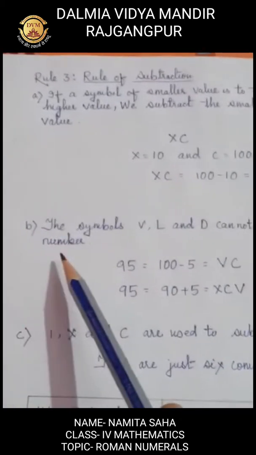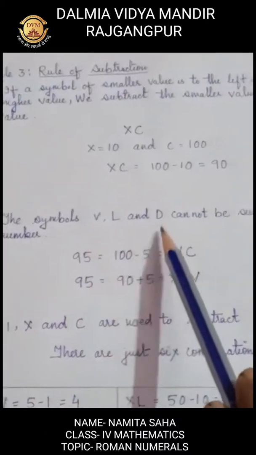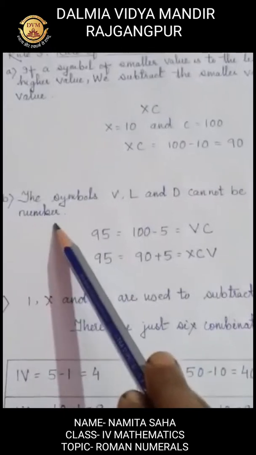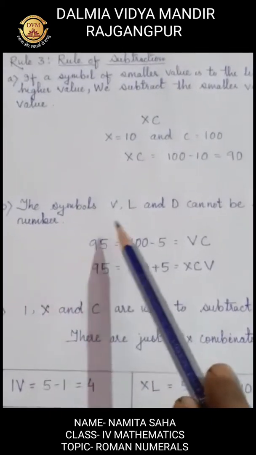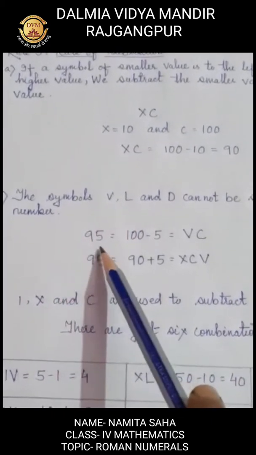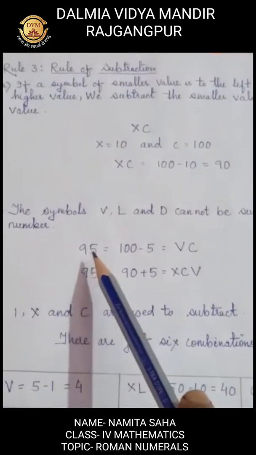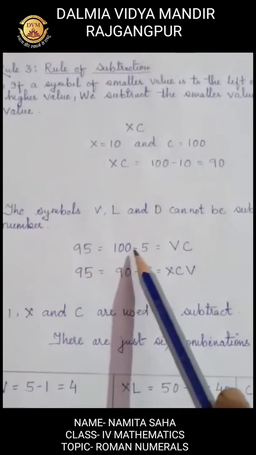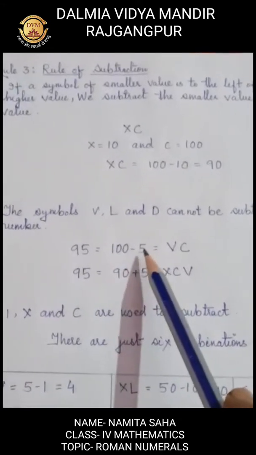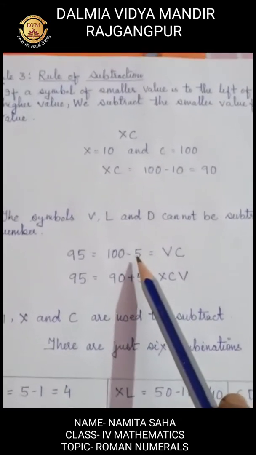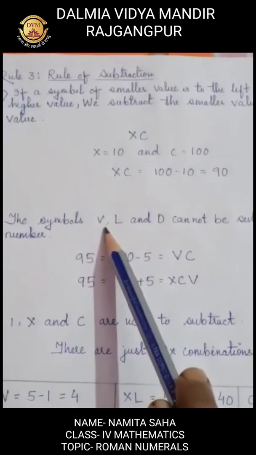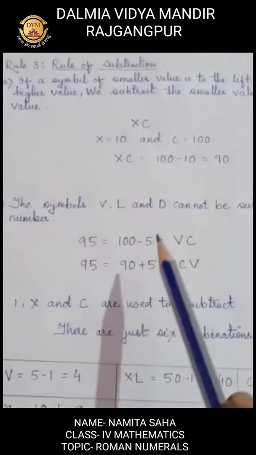Okay, next point. The symbols V, L and D cannot be subtracted from any number. Let us see this by one example. Suppose 95. 95 cannot be written as 100 minus 5, because 5 is the value of V and V cannot be subtracted.